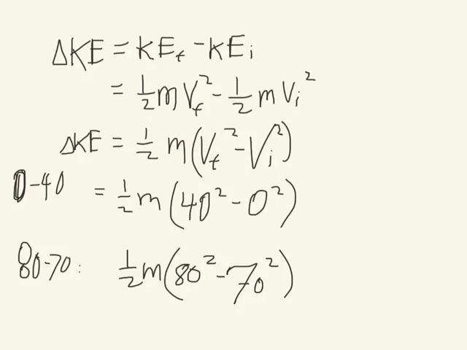And I don't know what the car weighs, I don't know its mass. So here's where we can make up our own unit, since we're just comparing one value of KE to another. Let's make up a unit called the car mass. So a car weighs 1 car mass, just because I said so.